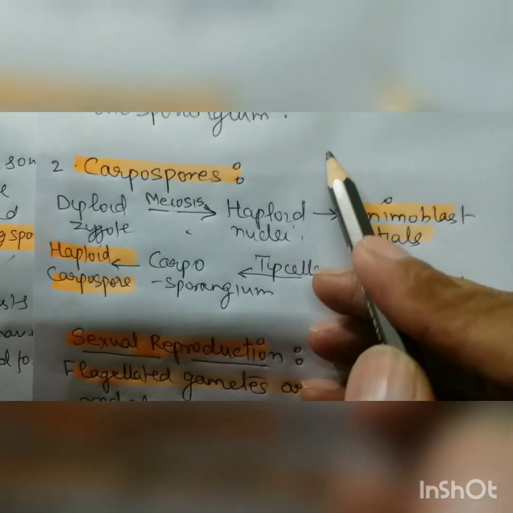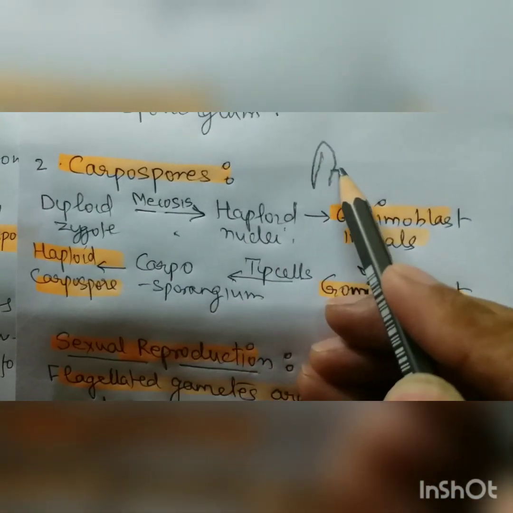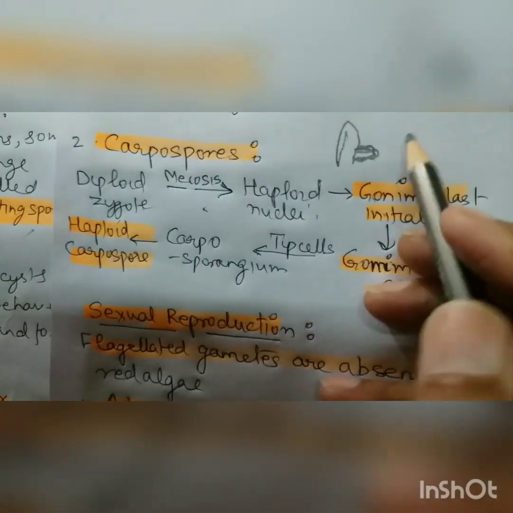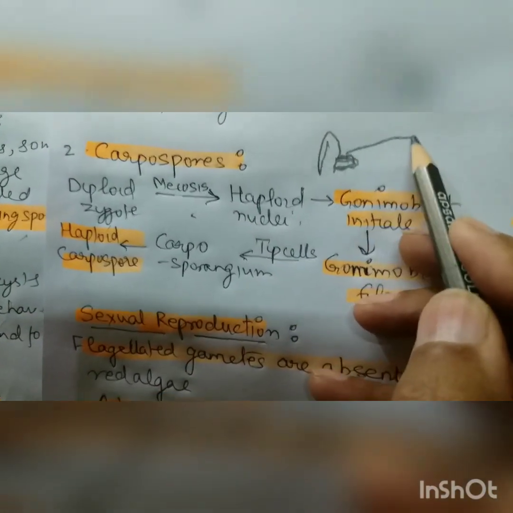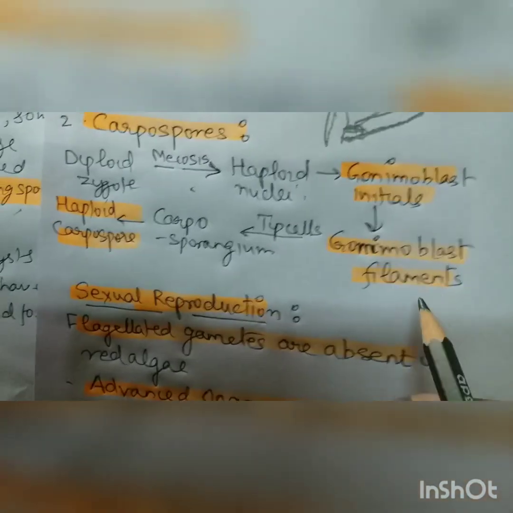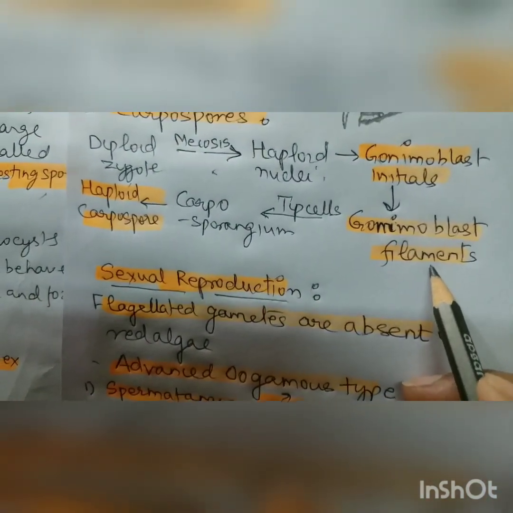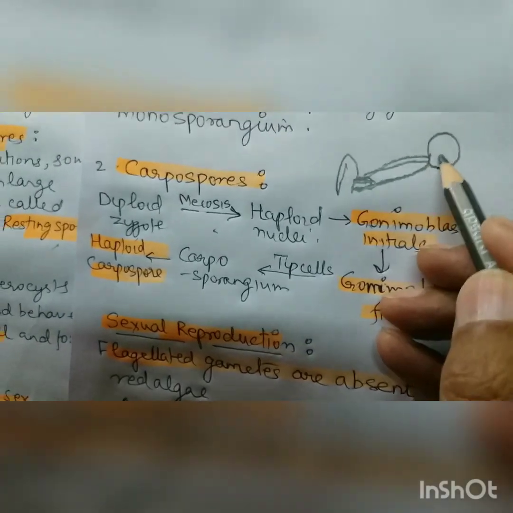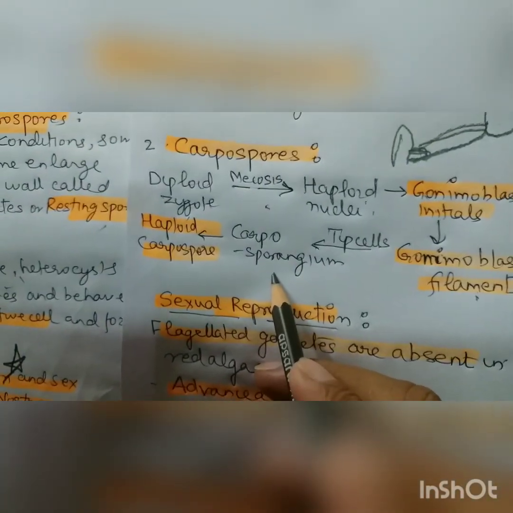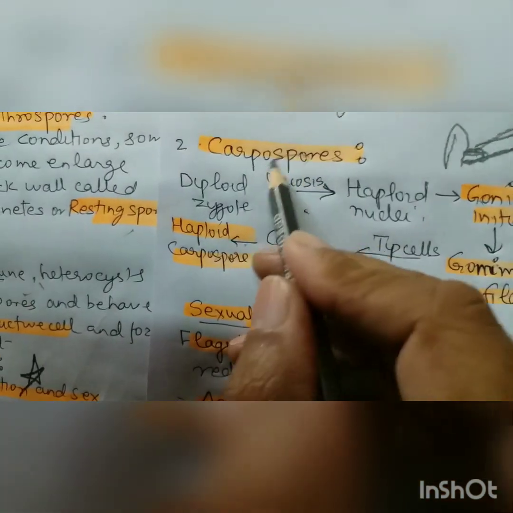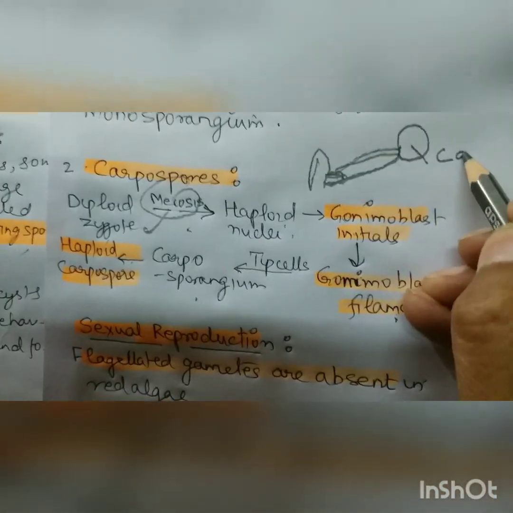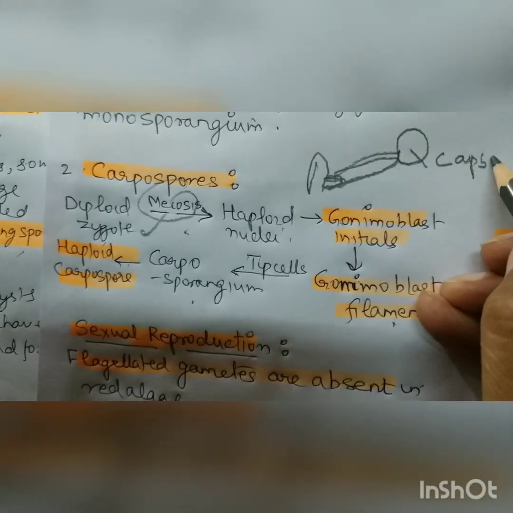These haploid nuclei are then transferred into the gonimoblast initials. Then the gonimoblast initials ultimately result in the formation of gonimoblast filaments. On the tip of the gonimoblast filaments, like this, the carposporangium is formed. And in the carposporangium, because meiosis will occur, the forms are haploid carpospores, right?